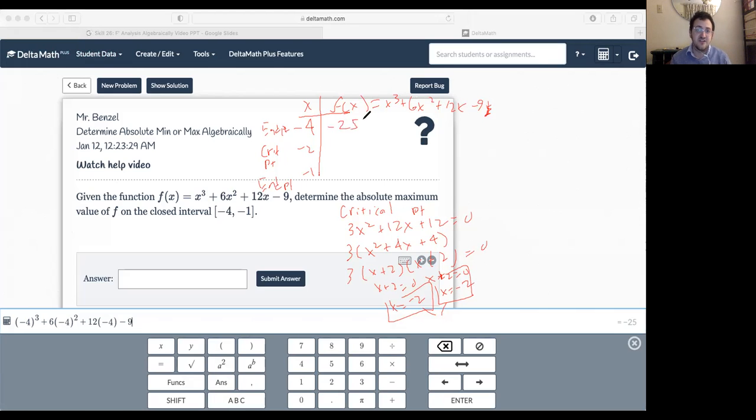Now I could graph these 3 points and get a pretty good idea about what the curve is going to look like. Then I'm going to try plugging in -2. I'm going to put -2 in the parentheses now. And I get -17. And whichever is the largest of the numbers that I plug in will be my absolute maximum.